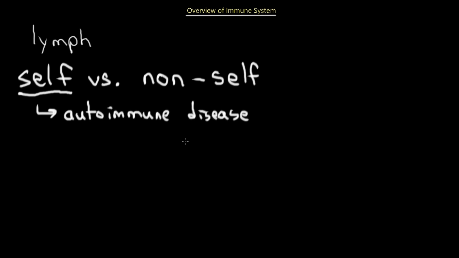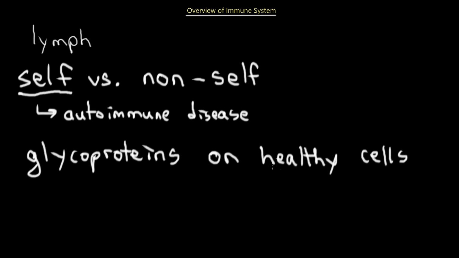Now the question is, how does the immune system recognize self from non-self? And typically that is done with glycoproteins. So healthy cells are going to have surface receptors, little receptors on their cell membranes sticking out, that will be signaling it's the self, and these are formed by glycoproteins.